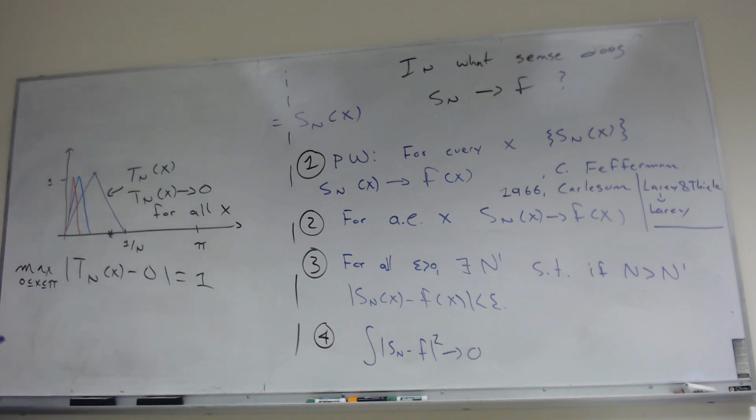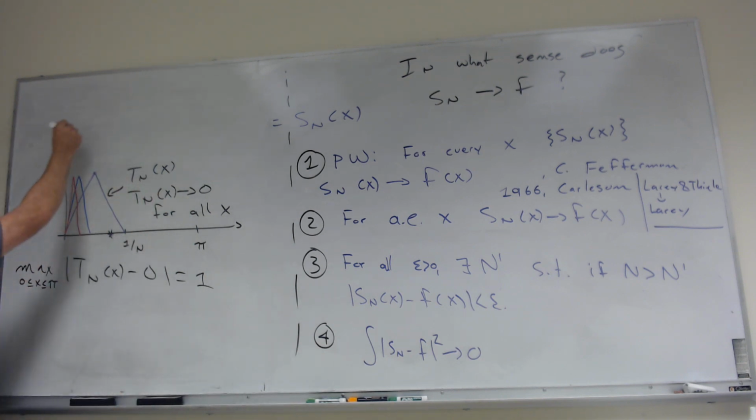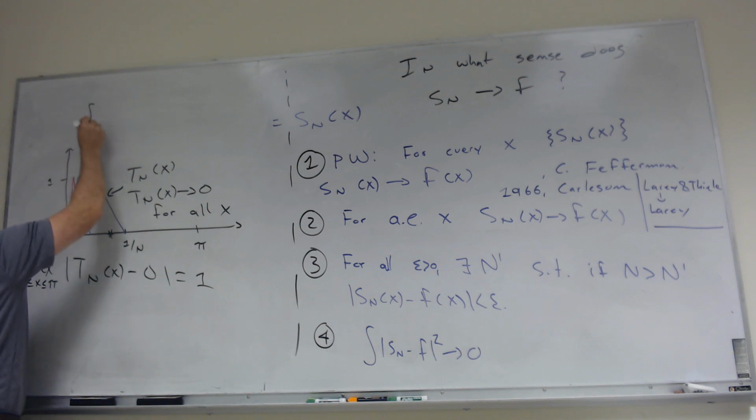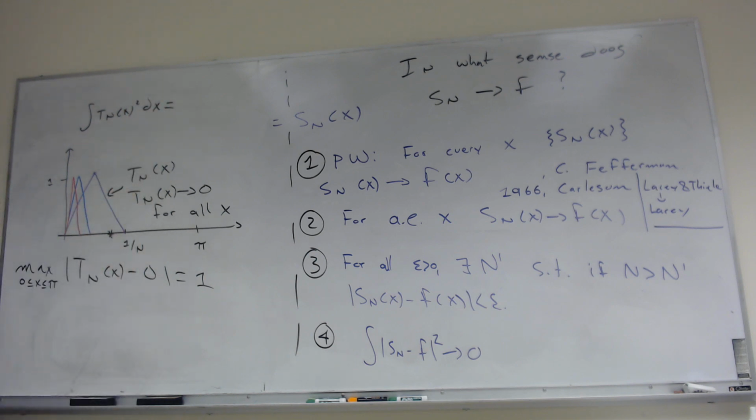So the question is, these functions converge pointwise to 0. Do they converge in this way to 0? Well, let's do the integral of t of x squared dx. If it converges in this sense, this should be going to 0.